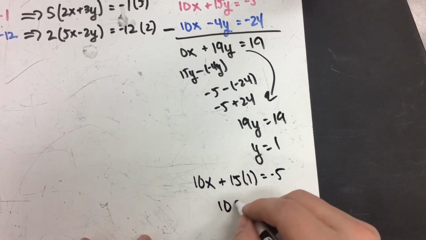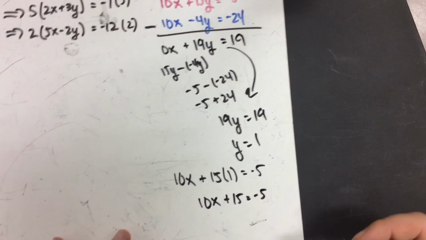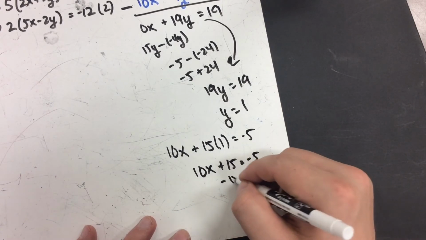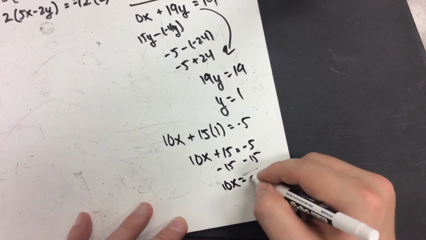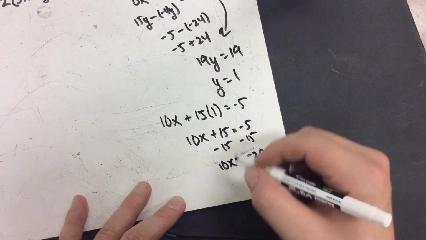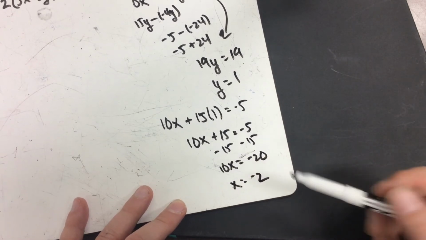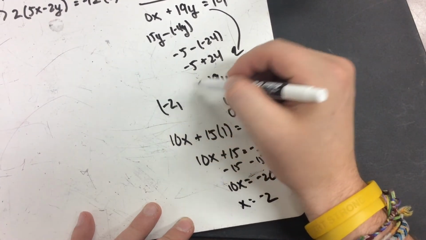This is 10x plus 15 equals -5. Going to keep solving for x. So you're going to subtract 15 on both sides. So 10x equals -20, or that x equals -2. So if you were to graph these two equations, you would expect them to cross at -2, 1.